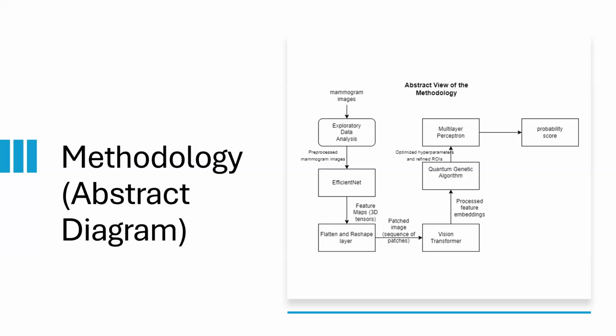Then it updates parameters by applying quantum-inspired mutations and crossover. Then we choose the best candidates for hyperparameter tuning and region of interest refinement. We output optimized hyperparameters and refined regions of interest, which then go into these refined ViT features. They now go into the fully connected layers, which is the multi-layer perceptron.